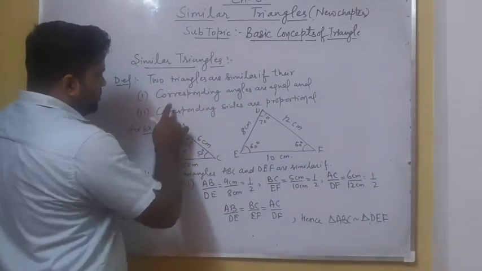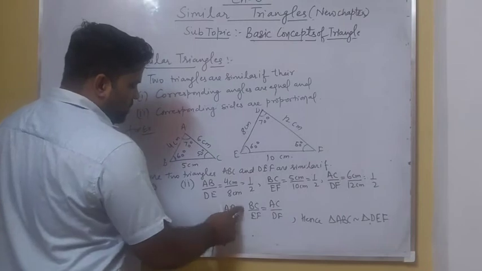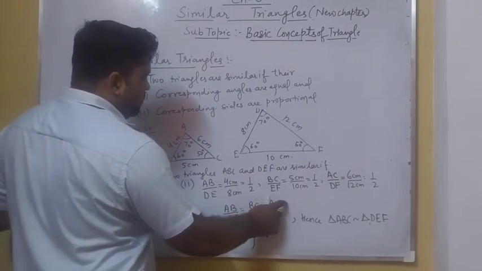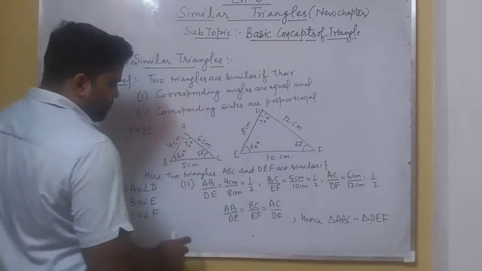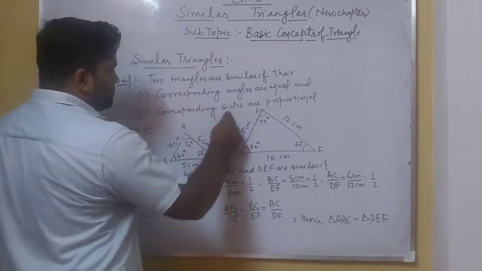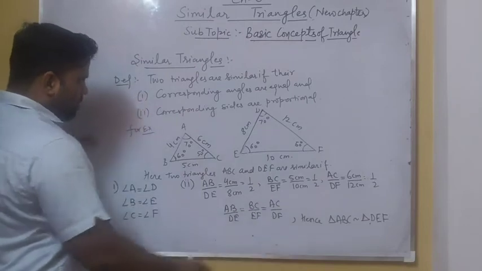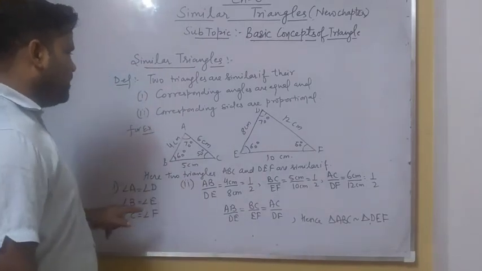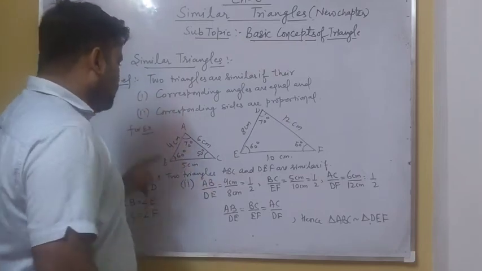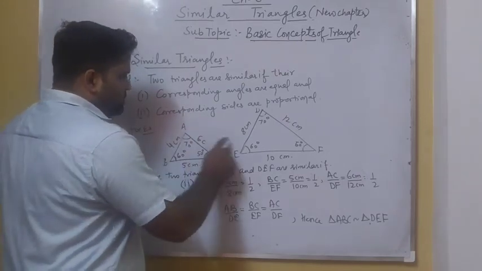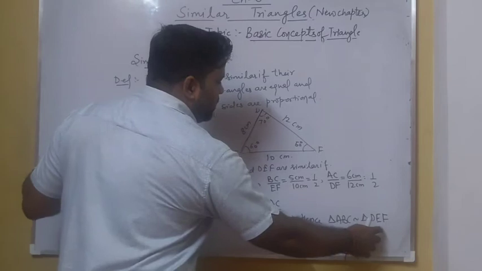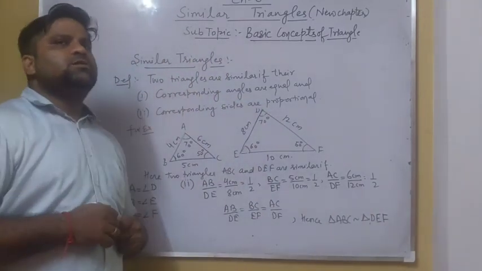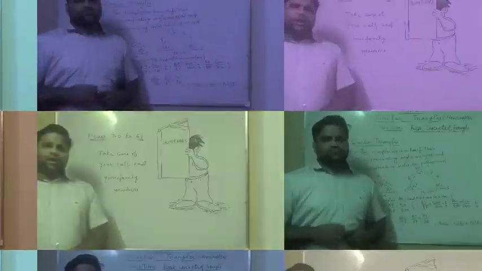So we can say that corresponding sides are proportional: AB by DE equals BC by EF equals AC by DF. Both properties hold here, so we can say that the two triangles are similar. Hence triangle ABC is similar to triangle DEF. When such criteria are followed, we can say that two triangles are similar.